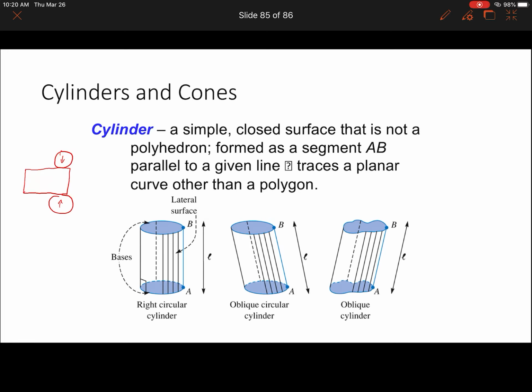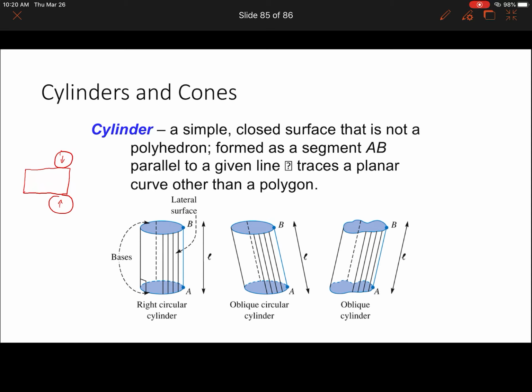So for a right cylinder, which you see here in this first example, that lateral surface is just a rectangle, every single time. We could also have what we call an oblique cylinder, where that top part has been shifted over.